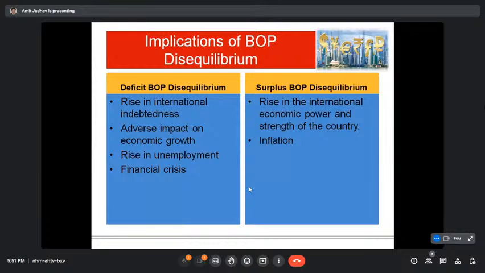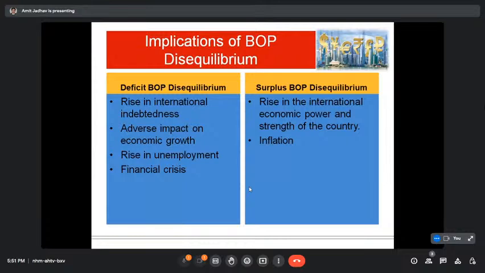So basically, what are the causes behind a deficit disequilibrium in the balance of payment? The first cause is the rise in international indebtedness.